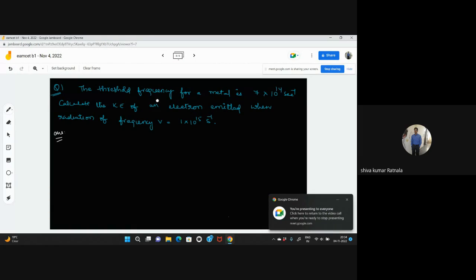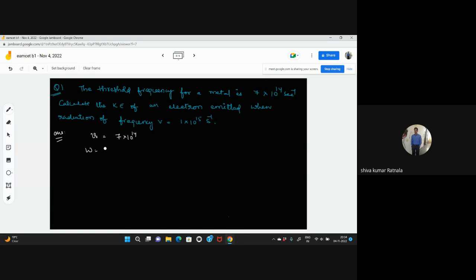So threshold frequency is given, that means nu naught is given, that is 7 into 10 to the power of 14. Therefore work function will be equal to h nu naught. The h value is 6.625 into 10 to the power of minus 34, into 7 into 10 to the power of 14.